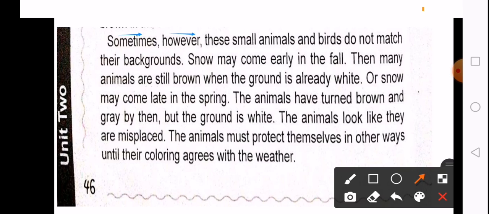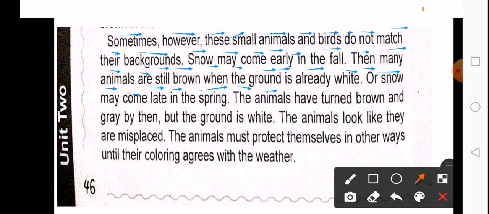Sometimes, however, these small animals and birds do not match their backgrounds. Snow may come early in the fall. Then many animals are still brown when the ground is already white. Or snow may come late in the spring.